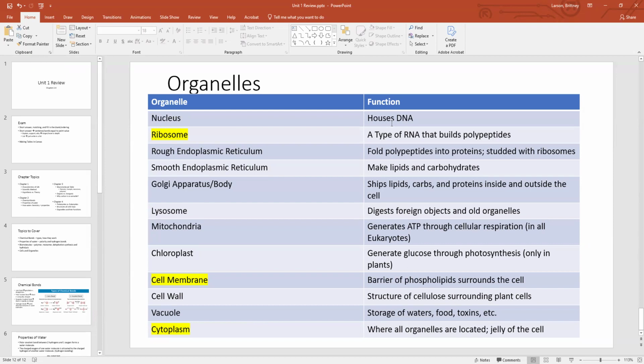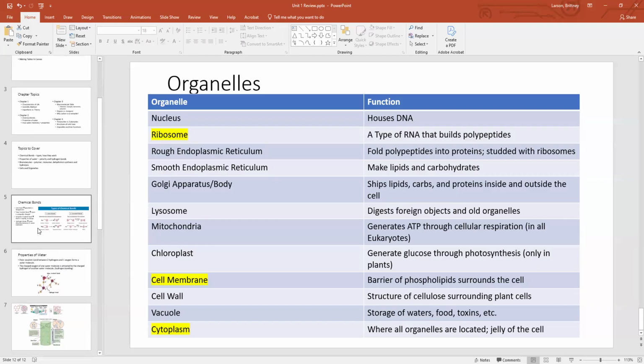Okay. Any questions that came up? I was wondering for the hydrogen bond, just to clarify, the hydrogen bond is basically what makes that cohesion.